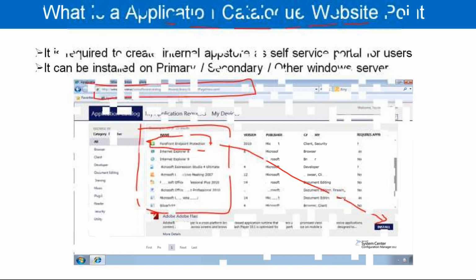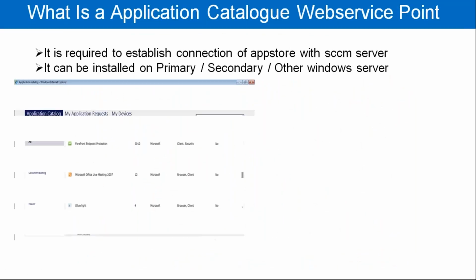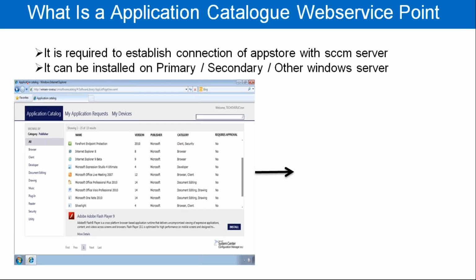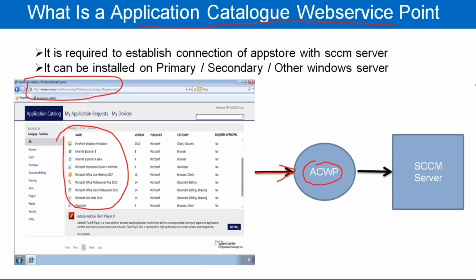The second role is application catalog web service point. So basically this website is created, but to publish these applications, you need application catalog web service point. So you need to install one role called application catalog web service point, and this role will help you to connect to SCCM server.